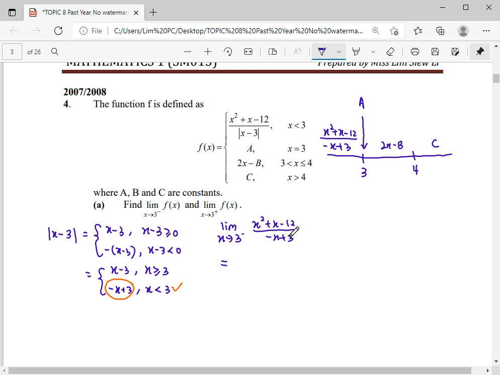So when you have an indeterminate form situation, for the polynomial case, we can factorize our quadratic polynomial here. So I take out the negative and the quadratic we factorize. So you can notice that we can simplify our function.